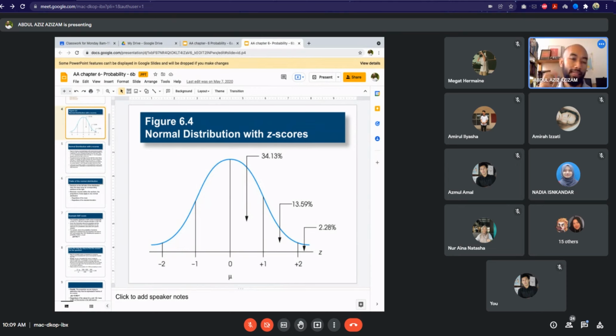Antara 1 dan 2 tu, score distribution area tu 13.59% daripada total distribution. Tak kisahlah distribution ni ataupun score you, survey you punya responden you 1000 ke 500 ke, yang dalam Z-score antara 1 hingga 2 13%. Okay, Z-score tu bukan X-score tau, Z-score 13%.